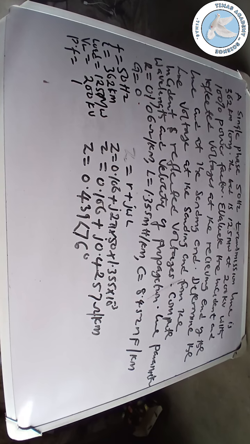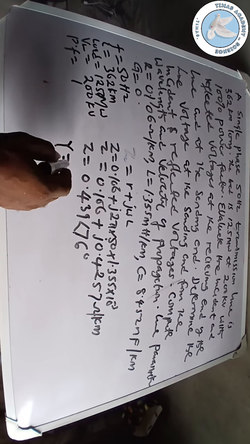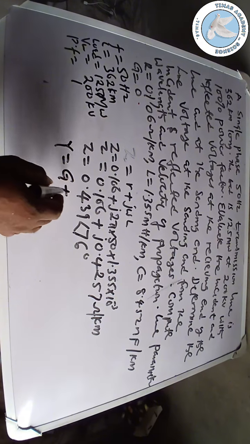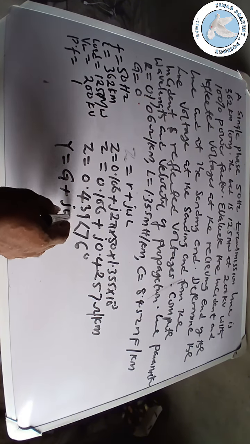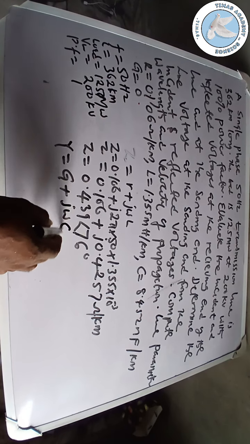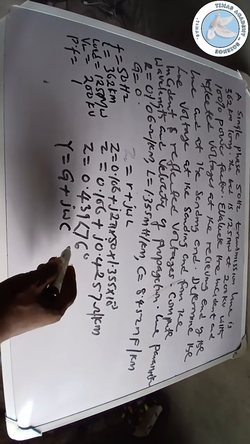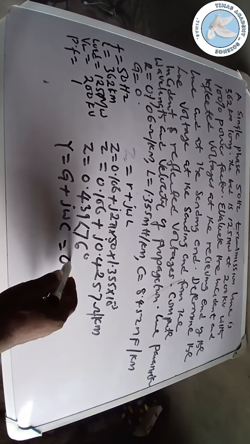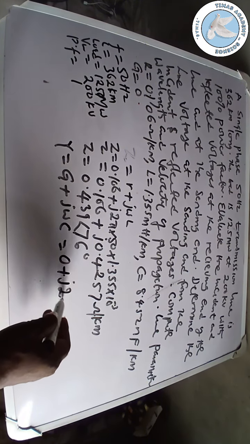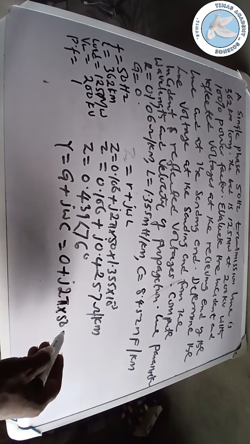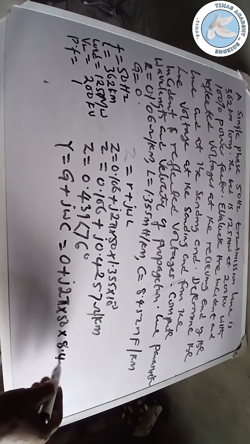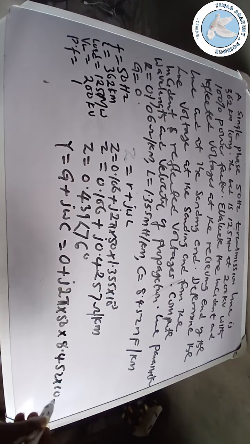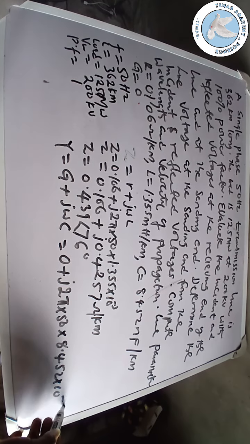The next one we are looking at is the shunt admittance. We have the combination of the capacitance and conductance. So at this point we can realize that the conductance was 0, and we have 2 pi multiplied with the frequency, and we multiply this with 10 raised to the power of -9.